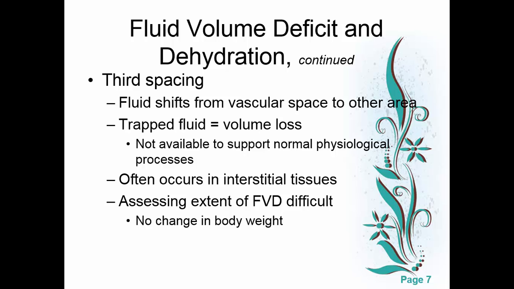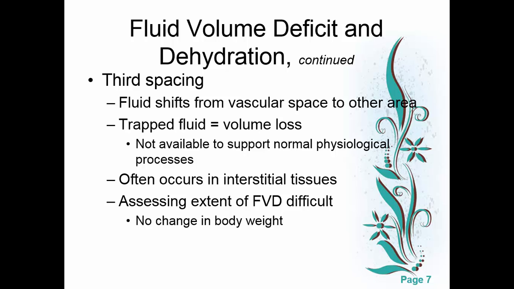Third spacing is when you have fluid shifts from vascular space to another area that is not available to support normal physiologic processes. So basically this area does not normally have fluid in it. This trapped fluid causes volume loss. It is not available to support those normal physiologic processes.